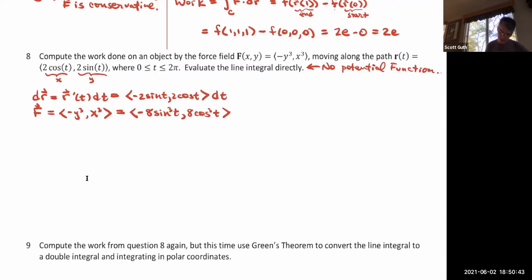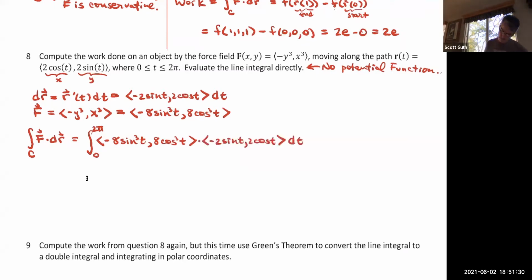And so when we do the integral along our curve C of F dot dr, what that really means is the integral where t goes from, as instructed, 0 to 2 pi, of F dotted with dr.